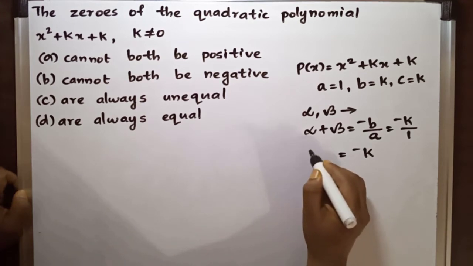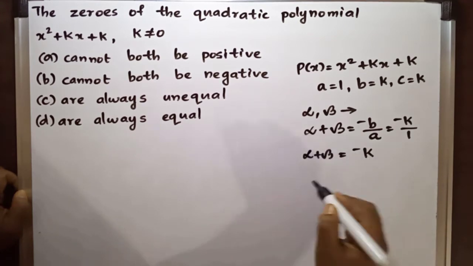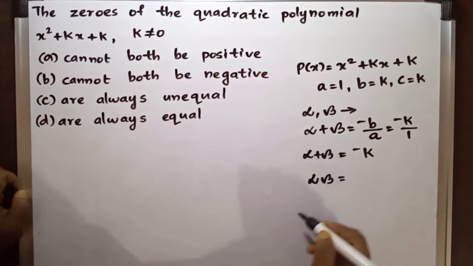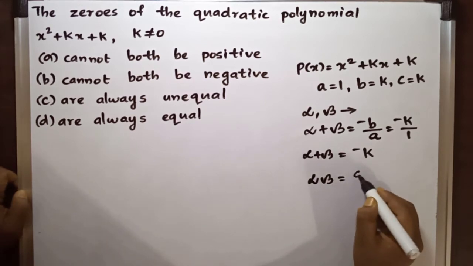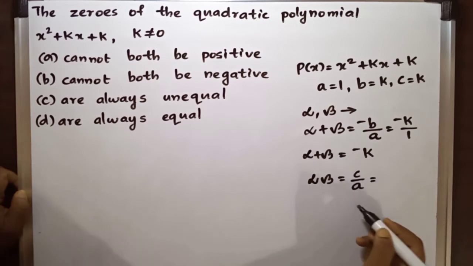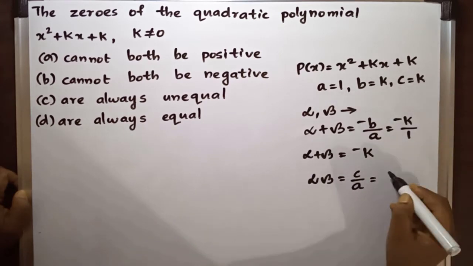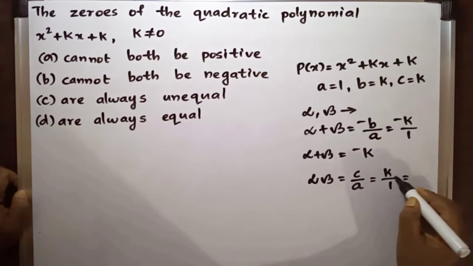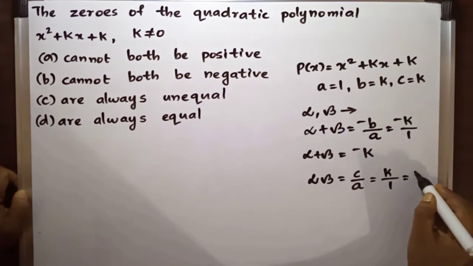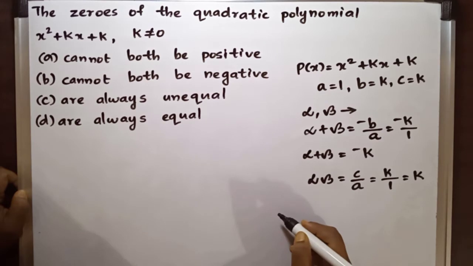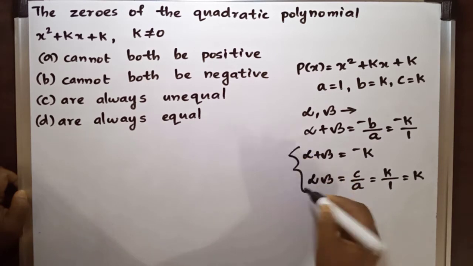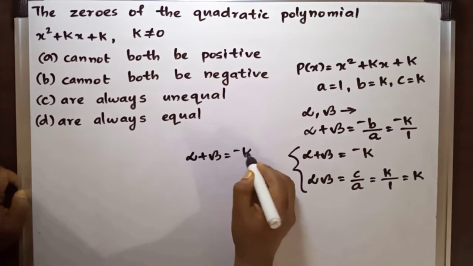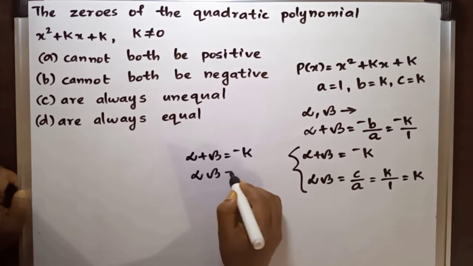So alpha plus beta is minus k. And now what is alpha beta? Product of the zeros of the polynomial is c by a. What is c here? K, and a is 1. K by 1 means k. So what we have got here? Alpha plus beta is minus k and alpha beta is k.